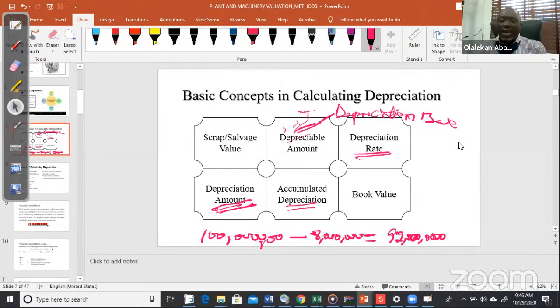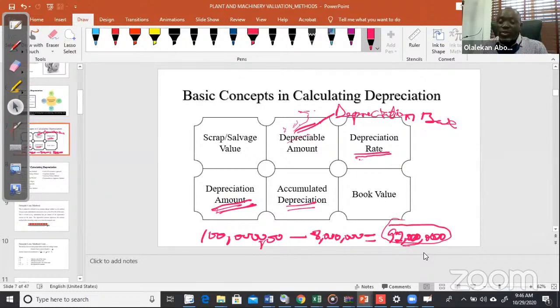For example, you have an asset whose depreciable sum, as we have given here, is 92 million, right? Let's say you have calculated your depreciation rate as 10%. That would mean 9.2 annually on a straight line basis. If it's 10%, it means the life expectancy of that asset will be 10 years.